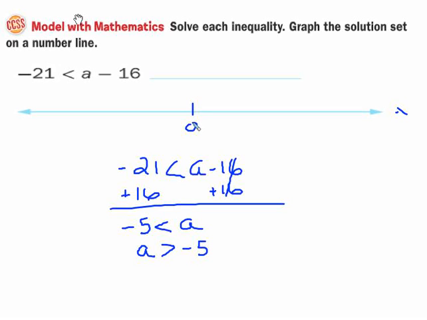I'm going to scale my graph by 1s in this case. Let me get my negative values going.